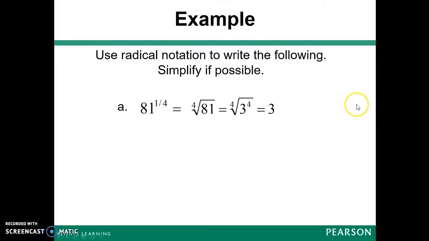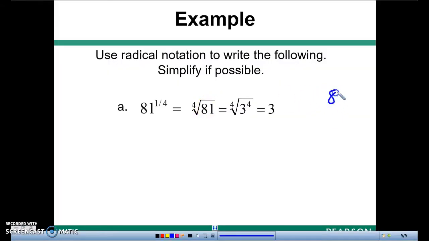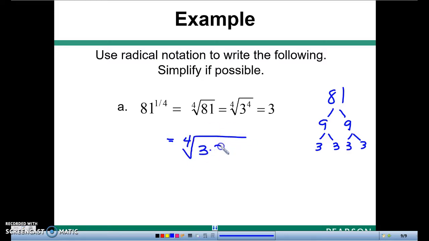So they're wanting the 4th root of 81. Now let me take 81 and do prime factorization. Well, I know 81 is 9 times 9, and 9 is 3 times 3. These are our prime factors. So they're asking for the fourth root of 3 times 3 times 3 times 3.